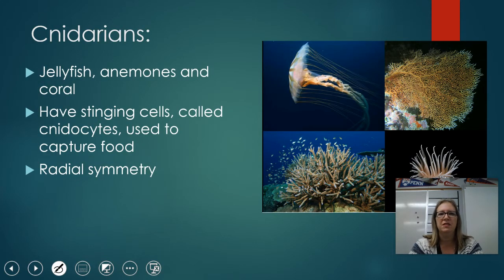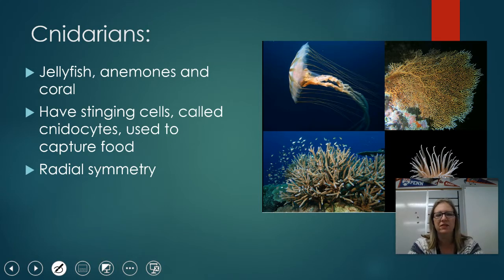Our next phylum is the Cnidarians. You don't pronounce the C, it's Cnidarians. And that's all of our jellyfish, our anemones, and coral, okay? Like a coral reef, that's what's left when the animal dies off. It's kind of the remnants of the body, okay? The Cnidarians have stinging cells. The cells themselves are called cnidocytes.